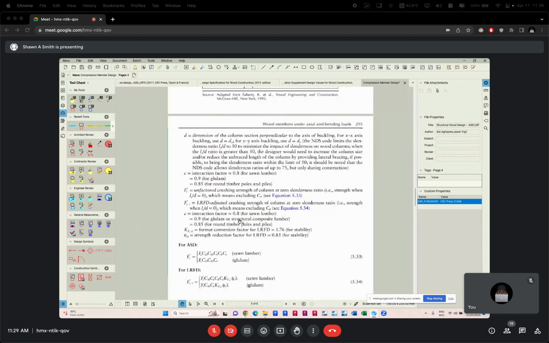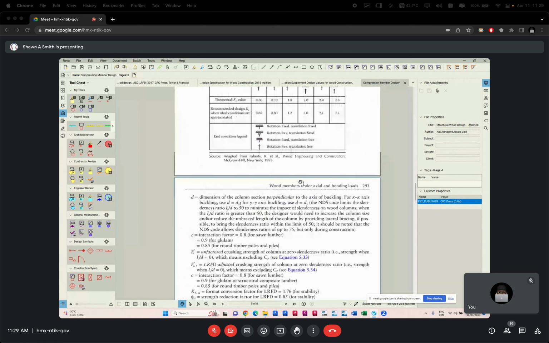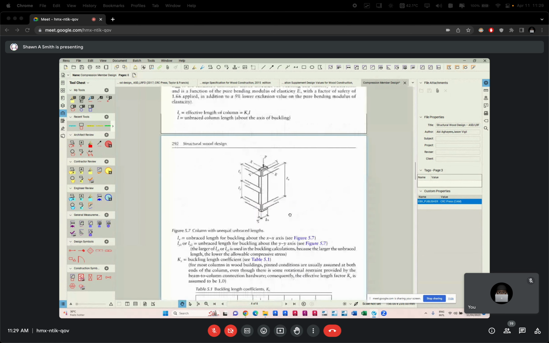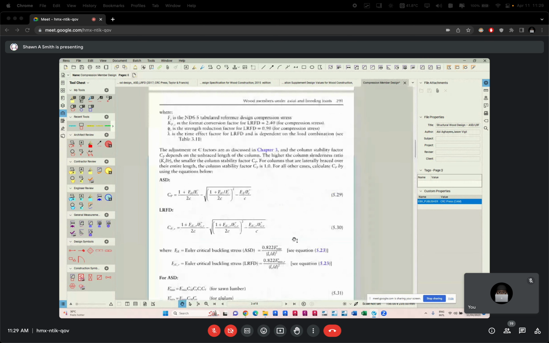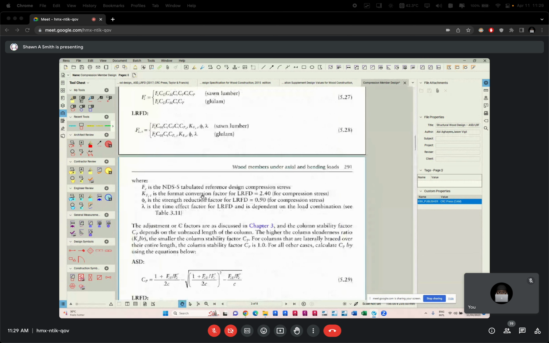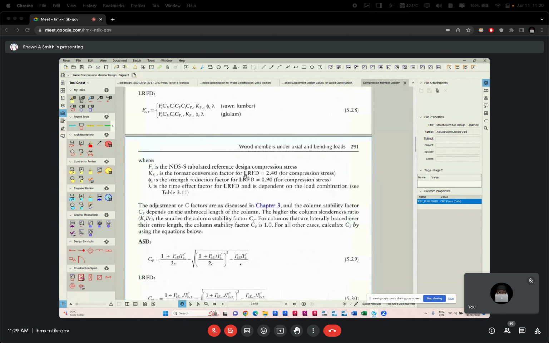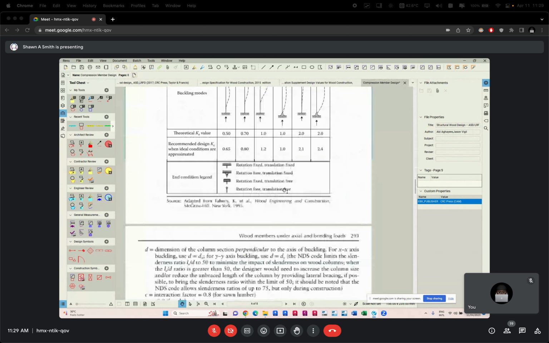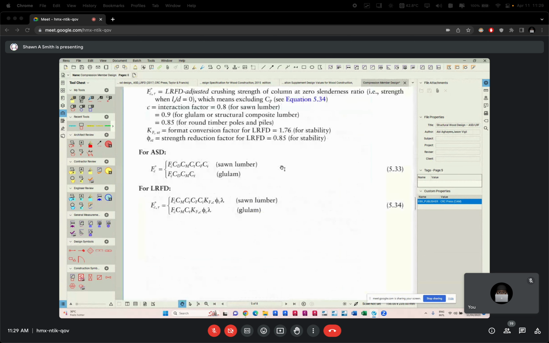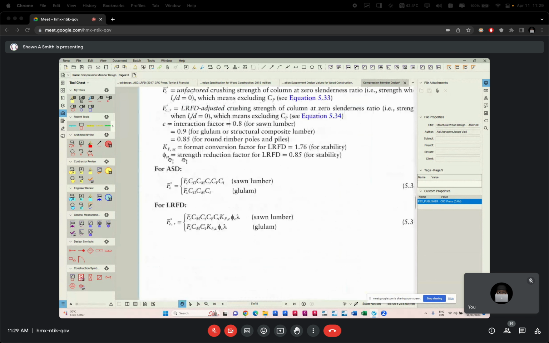So right now, for columns, we have the KF values being given to us. We don't need to go into any table for KF. We have them right here. See them there? This is for bending. This is for compression. And this is for stability down here. So we have the KF values already given, and the phi value also given as 0.85 for stability.